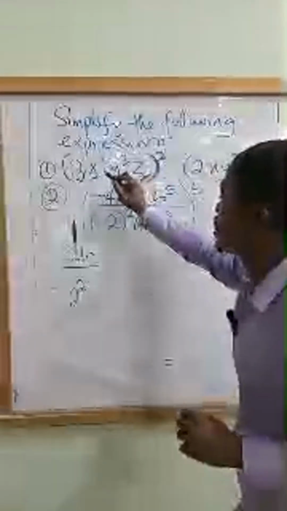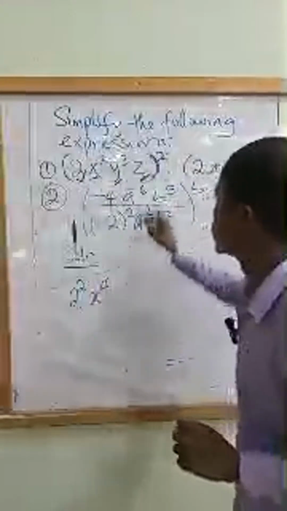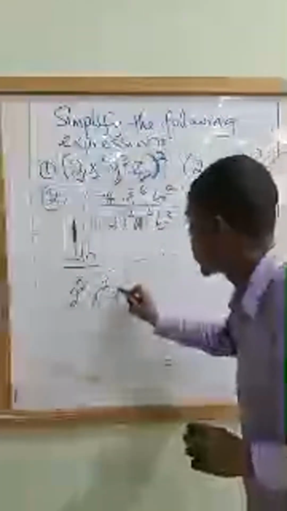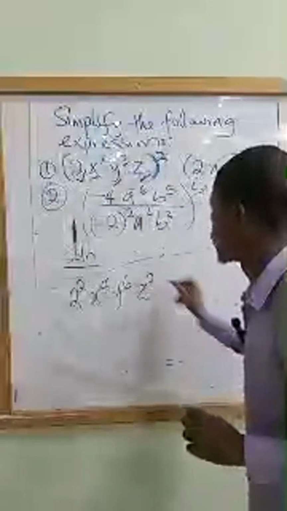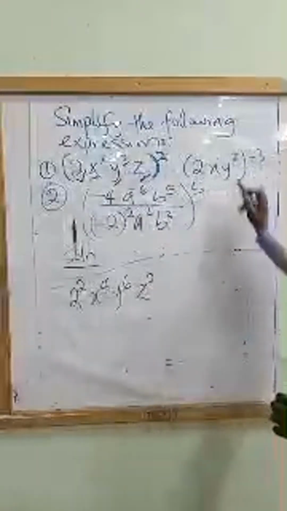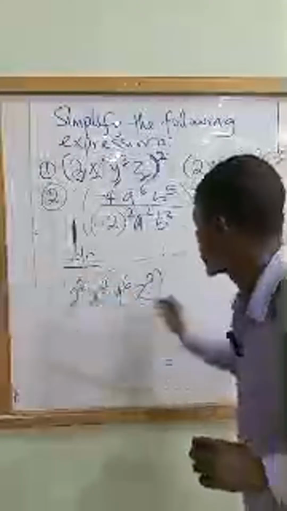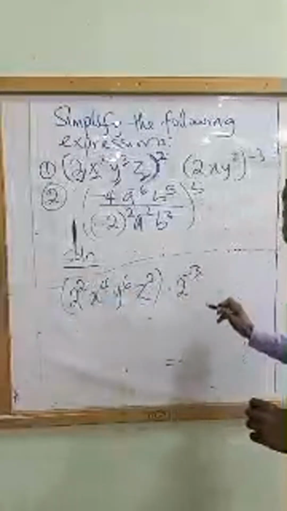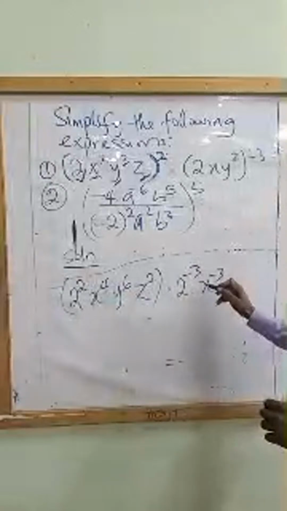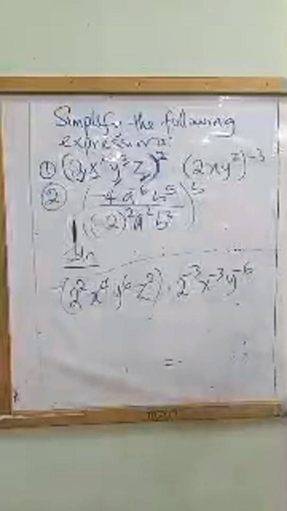So it's going to be 2 times 2, that will be x to the power 4. 3 times 2, that's y to the power 6. And then the z squared. For this one, it's going to be times 2 to the power minus 3, x to the power minus 3, and then y to the power minus 6.